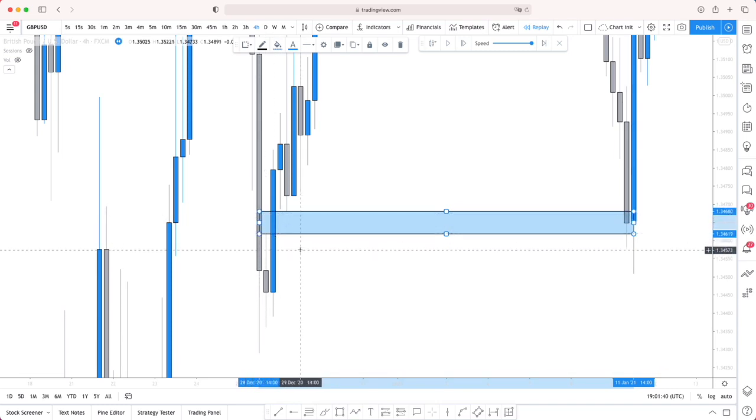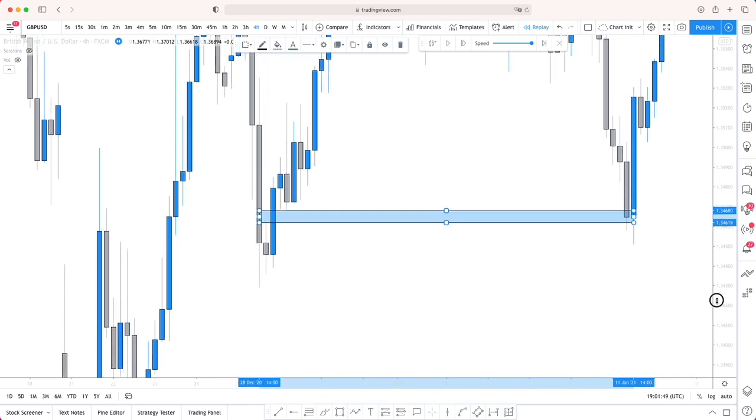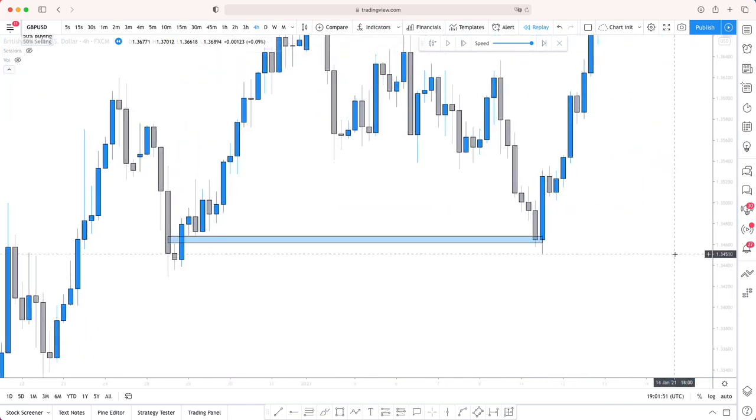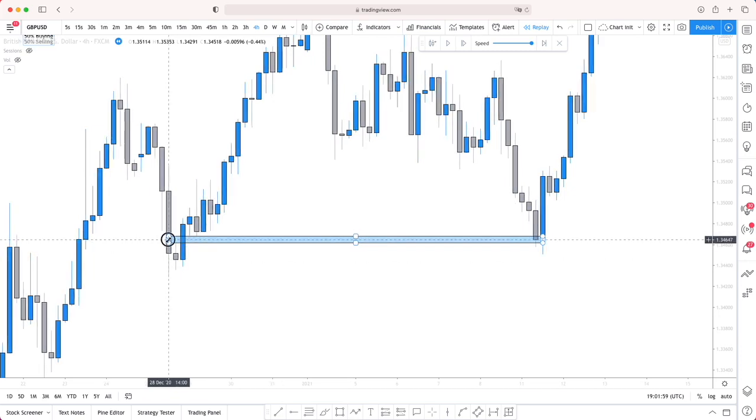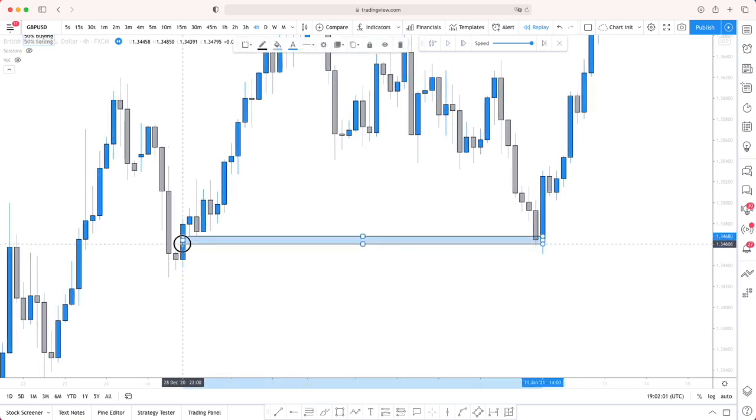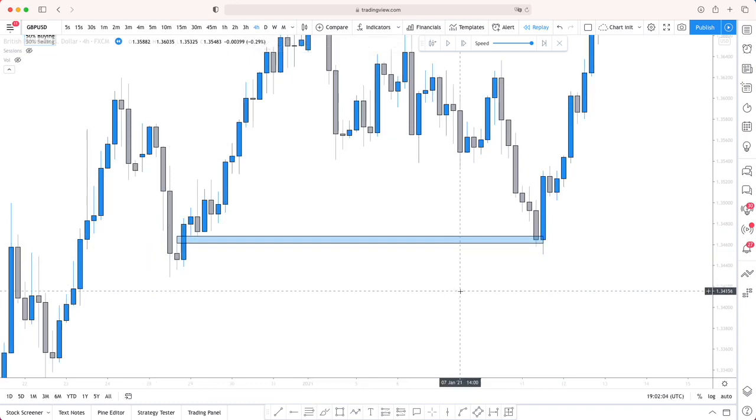So price has to come and correct this imbalance. It gives us more reason to pick this OB as our selected OB. So when you hear us say you want to look for a clear OB, you want to find an order block that has clear imbalance sitting above it. Simple as that. There's nothing more to it.